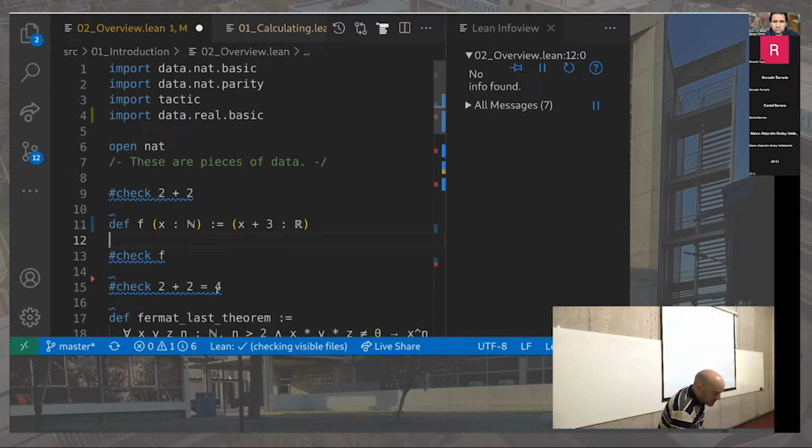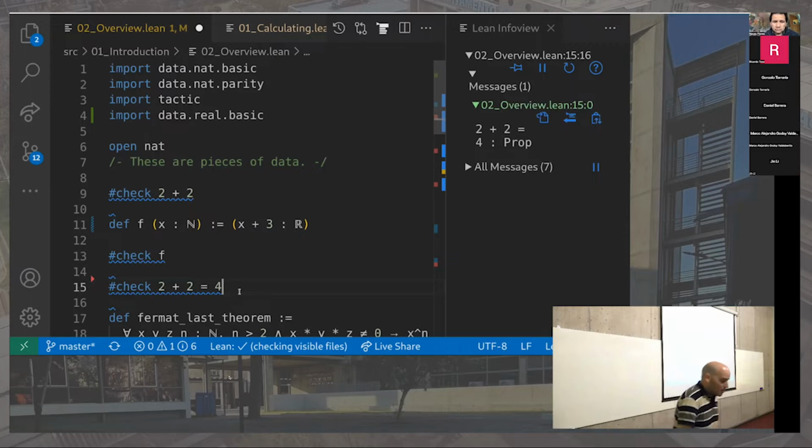And if we ask Lean what is the type of 2 plus 2 equal 4, it says it is a proposition. So this is a special type that has a special mathematical meaning: the type of mathematical statements. Be aware that this has nothing to do with the fact that 2 plus 2 is equal to 4, the fact that this proposition is true.